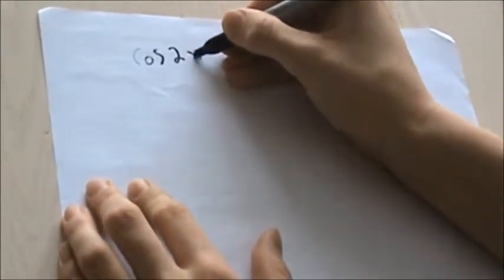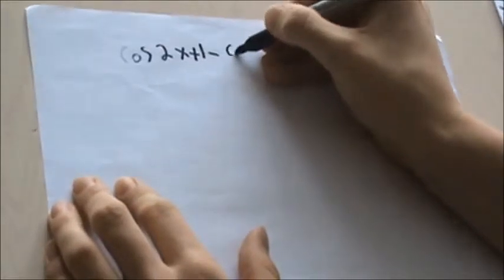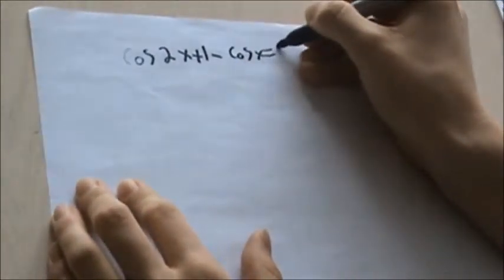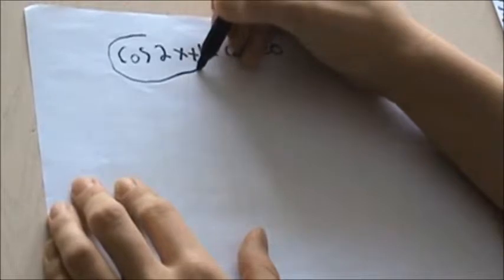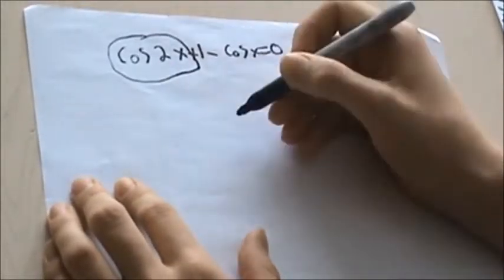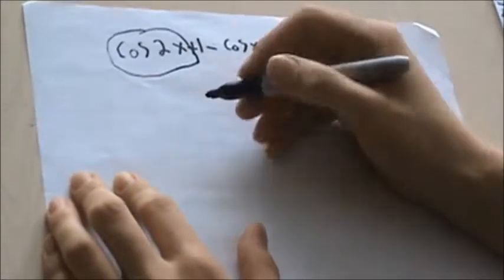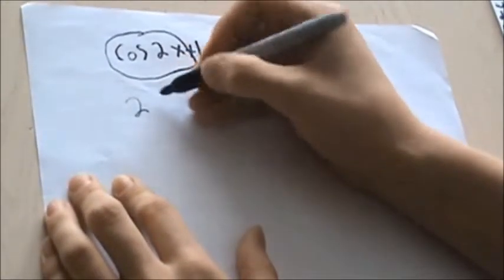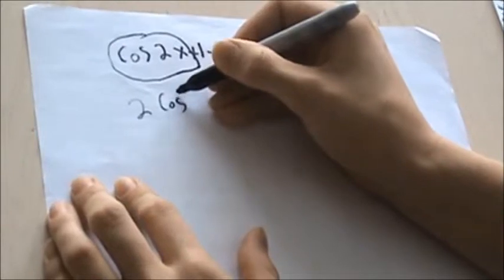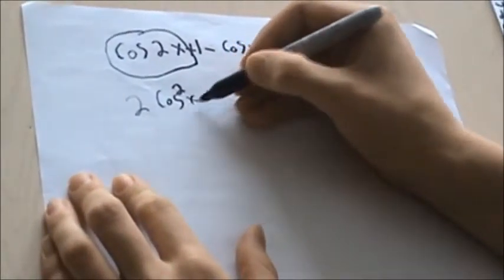So your formula was cos 2x plus 1 minus cos x equals 0. Okay? Right, so if I just take this part on its own right about here, I know that that is the same, using the double angle identities, as 2 cos squared x minus 1.